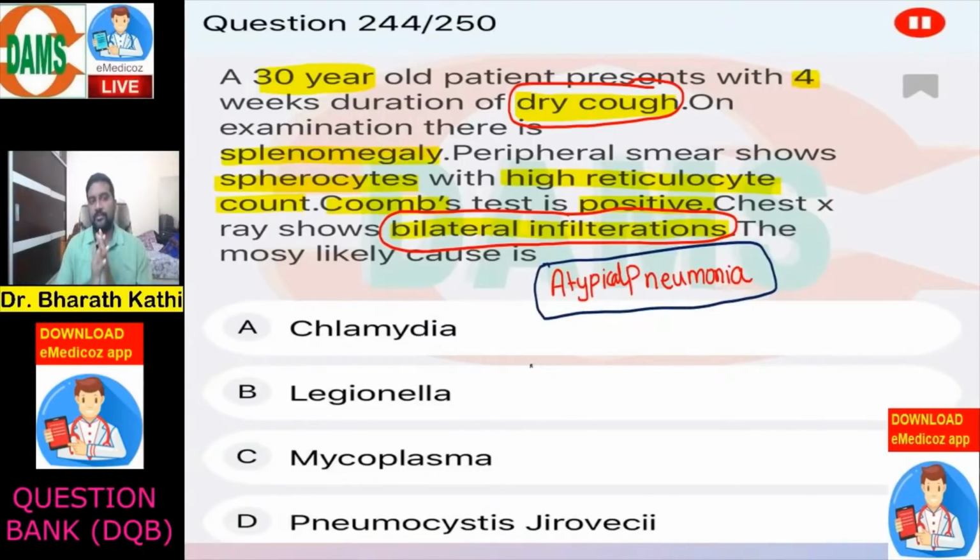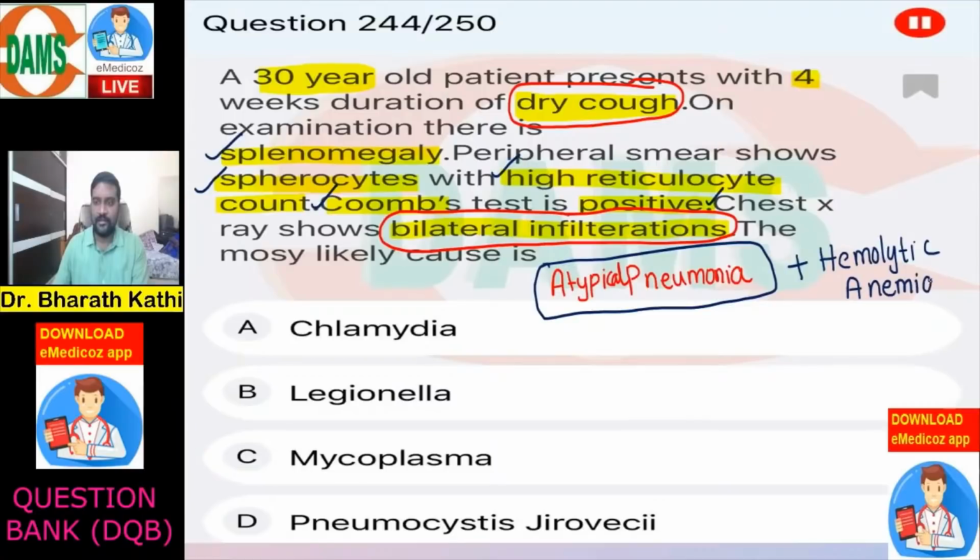Now along with pneumonia, there are other features also here. There is splenomegaly, presence of spherocytes, high reticulocyte count, and Coombs test is positive. Spherocytes mean the RBC membrane might be damaged, reticulocyte count has increased, Coombs test is positive. All this indicates chances of some hemolytic anemia, with splenomegaly. So immune mediated hemolytic anemia.